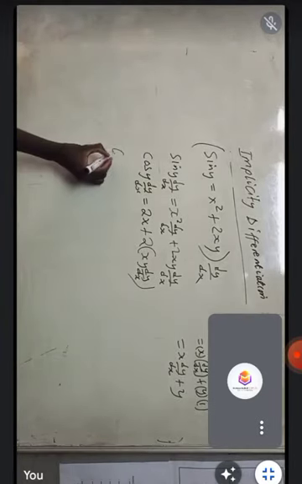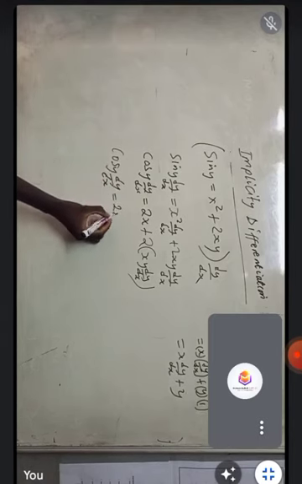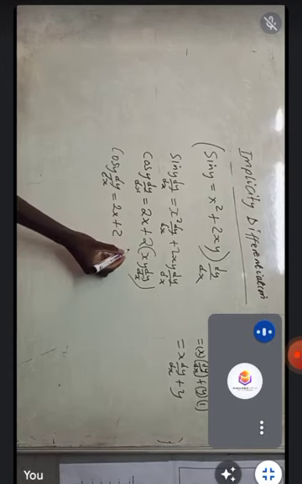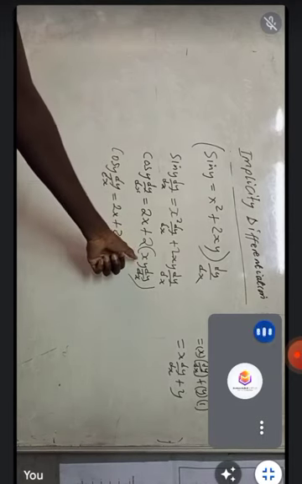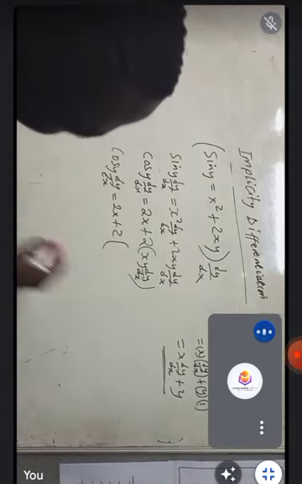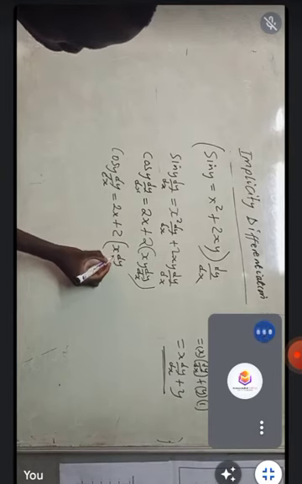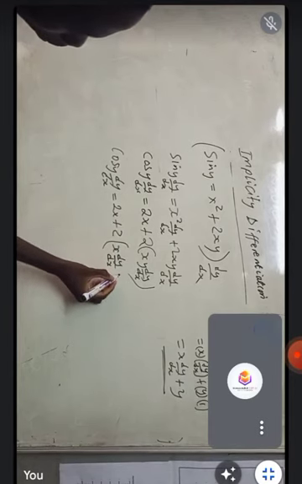So you're going to have cos y dy/dx equal to 2 open x dy/dx plus y. We have x dy over dx plus y.